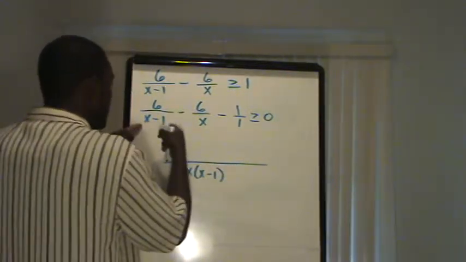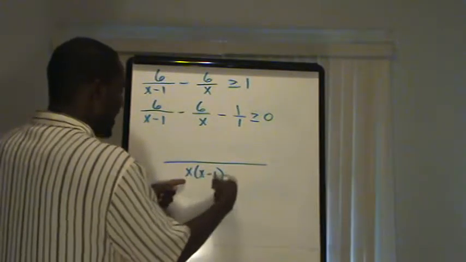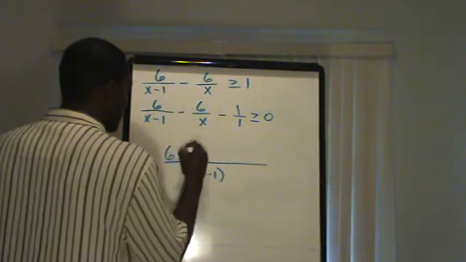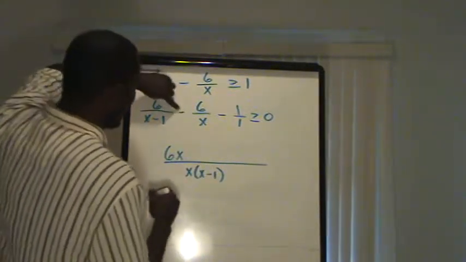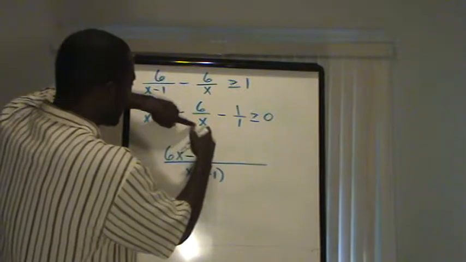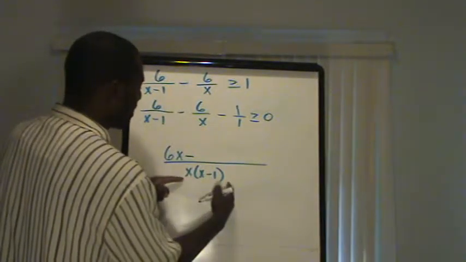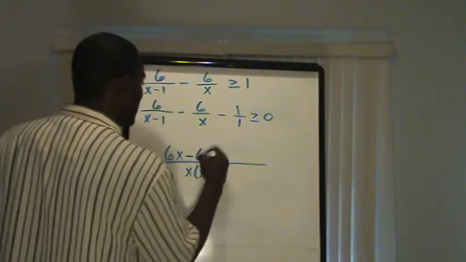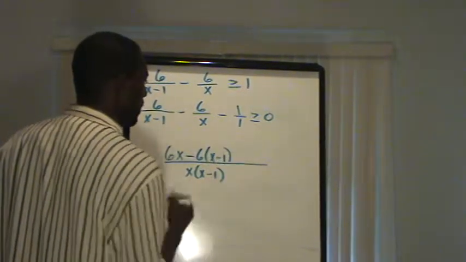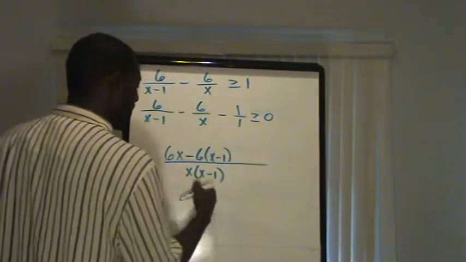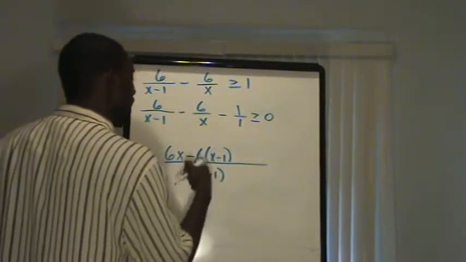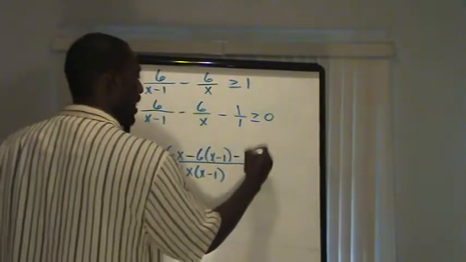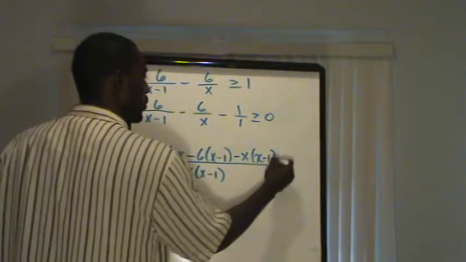Now, x minus 1 goes into x times x minus 1, x times. So 6 times x, 6x. We bring over our minus sign. x goes into x times x minus 1, x minus 1 times, leaving me with 6 times x minus 1. 1 goes into x times x minus 1, x times x minus 1 times, multiplied by 1, we have x times x minus 1.